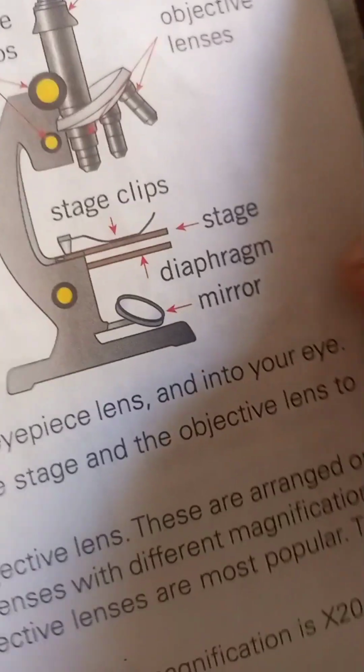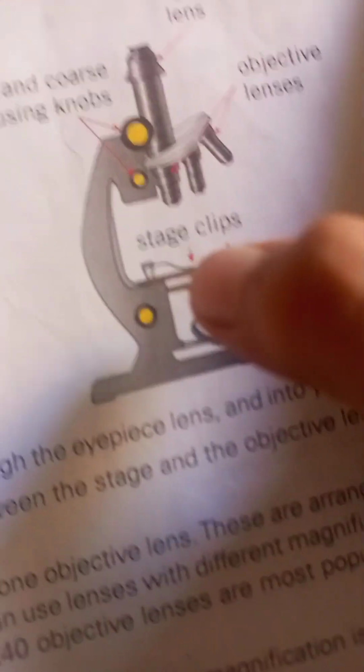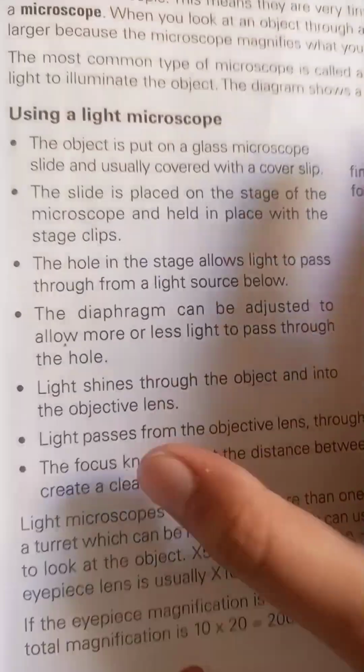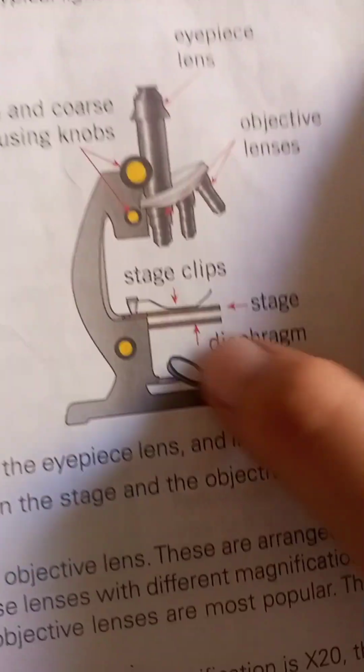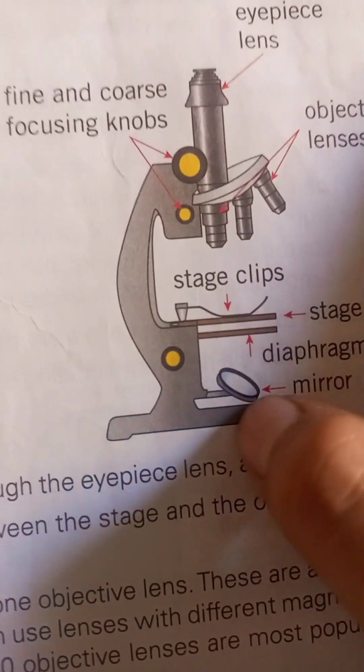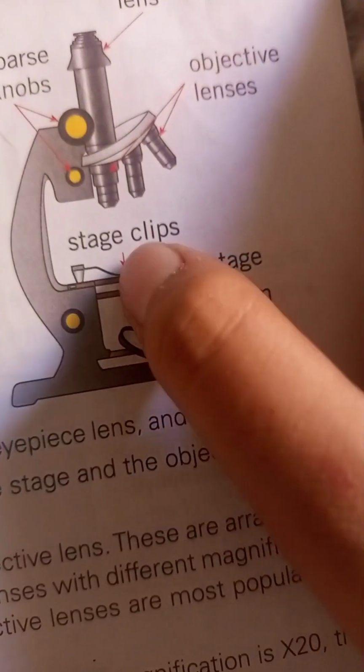So the hole in this stage, which you can't see here, allows light from below to pass through. The diaphragm can be adjusted to allow more or less light to pass through the hole. This mirror can be adjusted by being rotated and tilted to adjust how much light goes up.